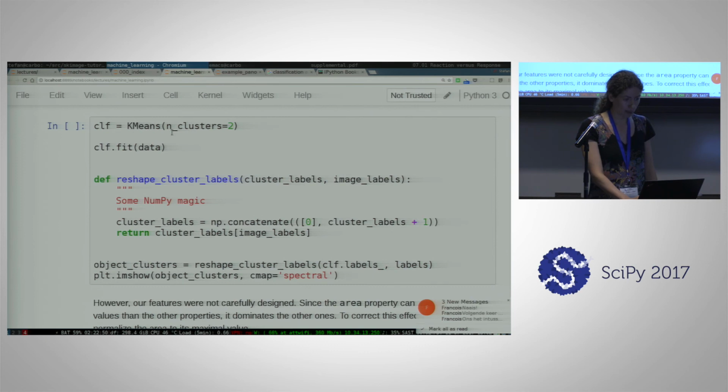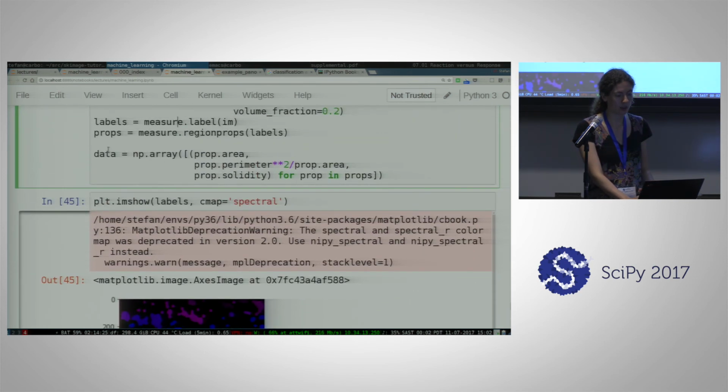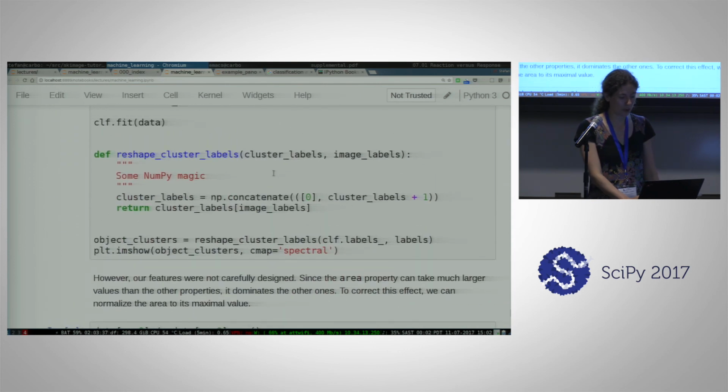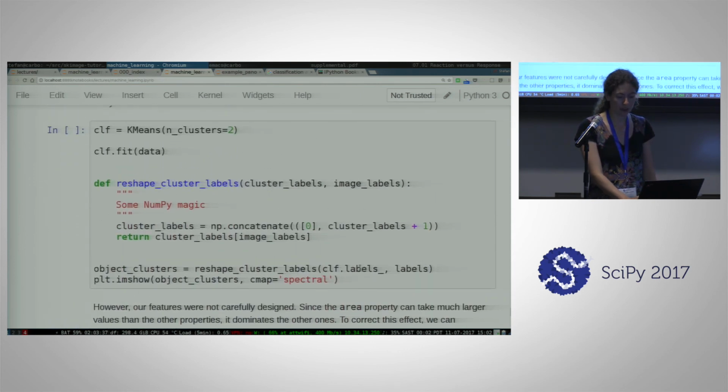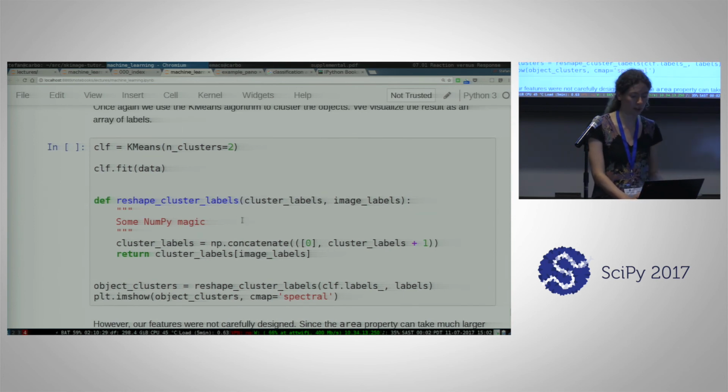I create my k-means estimator, and I use this fit method that we already used with the array. So data is the array that I built using the properties. And after I use these labels that are returned by the k-means. And so here I just use some NumPy magic to reshape the labels so that it has the same shape as the initial image.